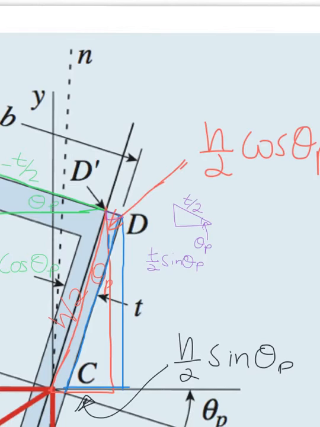Therefore, we can say that yd is equal to h over 2 the cos of theta p minus t over 2 the sine of theta p.